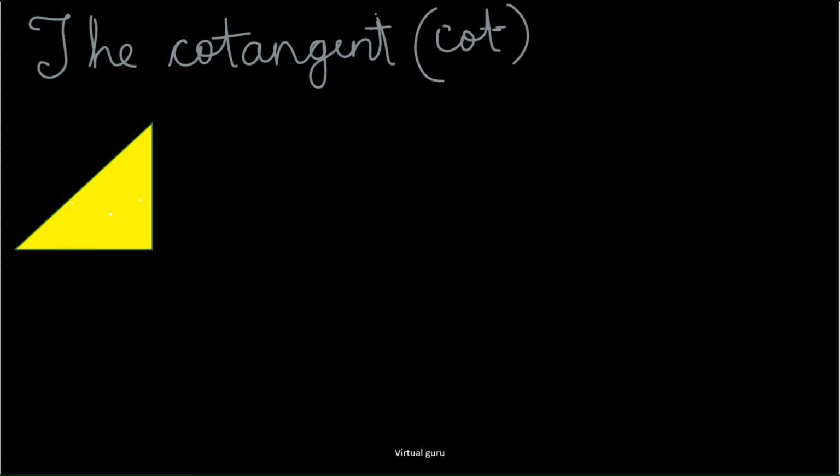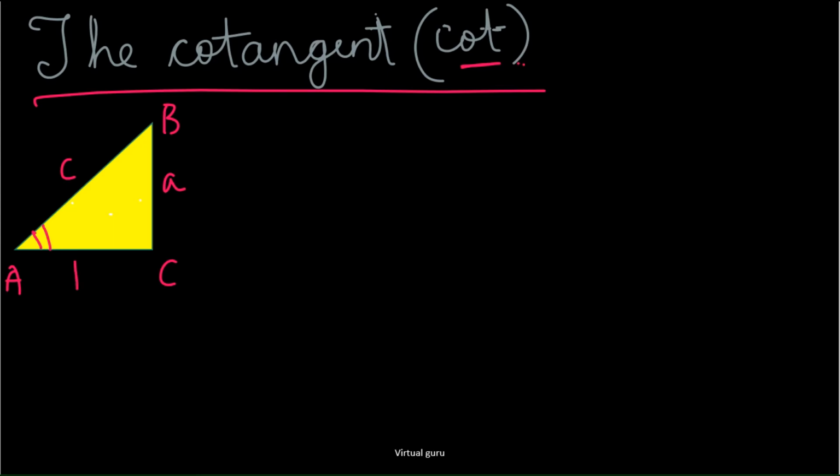Next, cotangent. The cotangent is also given by the name cot. Let me draw the right angle triangle, and this will be CAB. The cotangent is the reciprocal of the tangent, and it is the ratio of adjacent side by opposite side in a right angle triangle. That is a reciprocal of tan, isn't it?